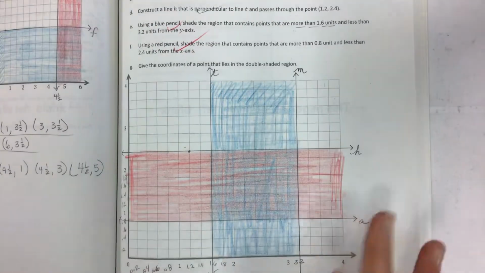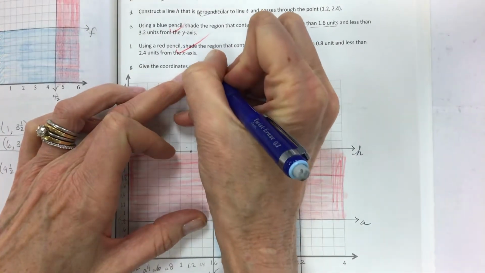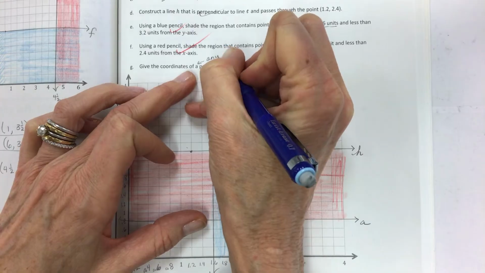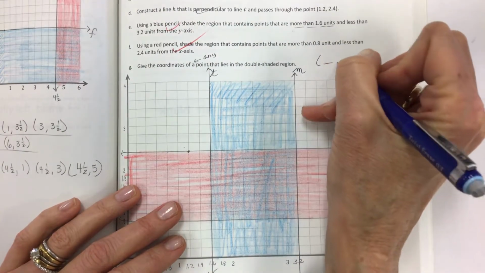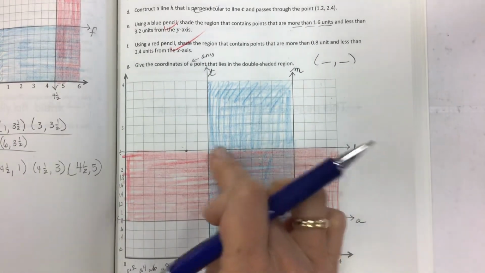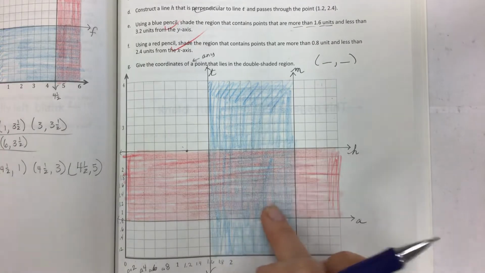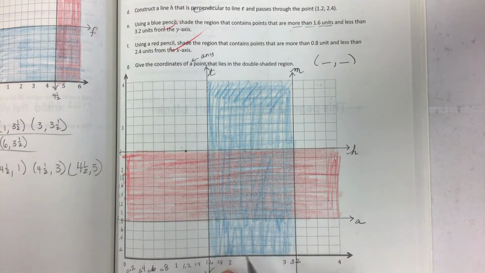Done. Give the coordinates of a point. A is a fun little article that means any. That lies in the double shaded region. Okay? Ordered pair, any point, but it can only be in here. So you could use 2.